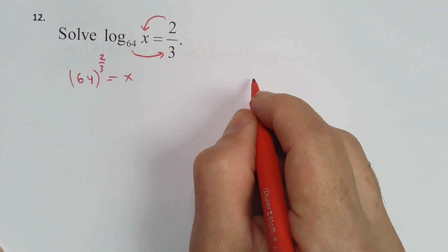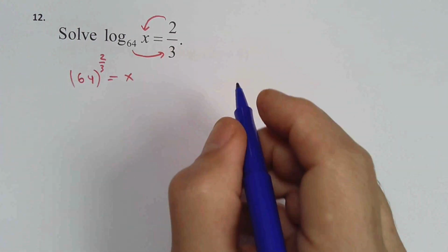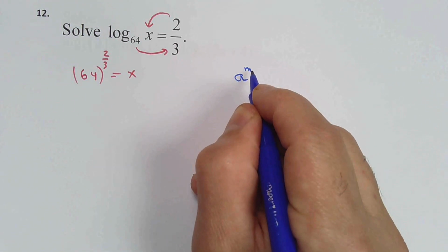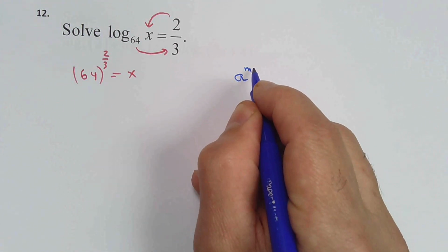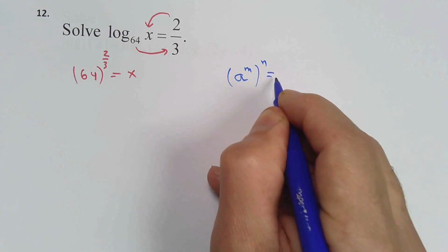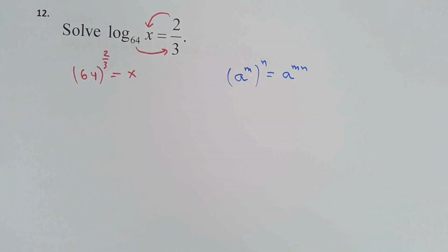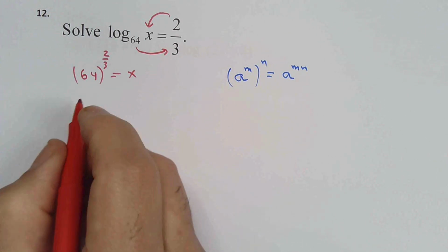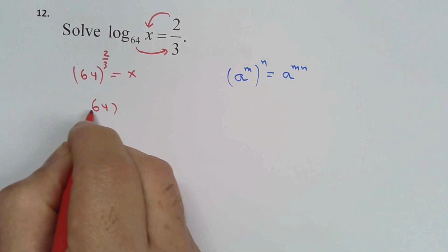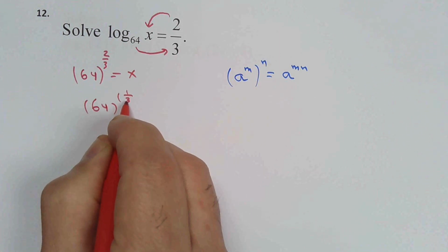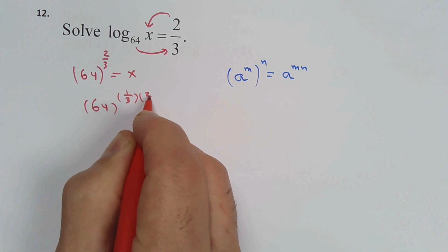We have a to the power m to the power n equals a to the power mn. So for this problem, the left hand side is like 64 to the power 1/3 multiplied by 2 over 1.